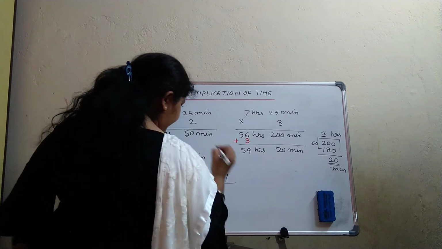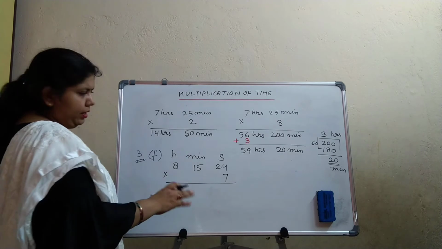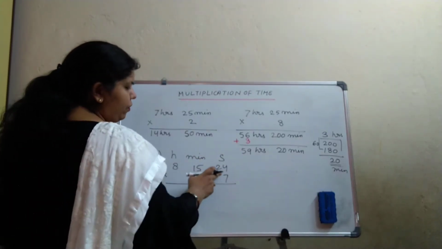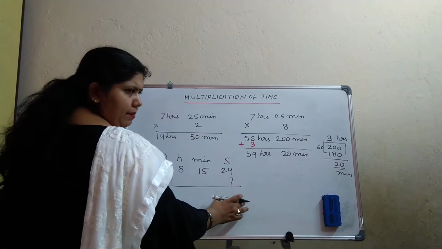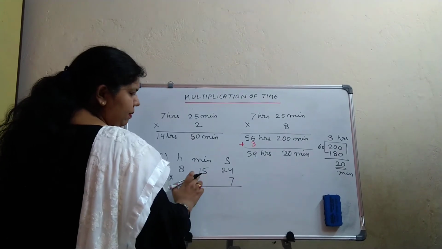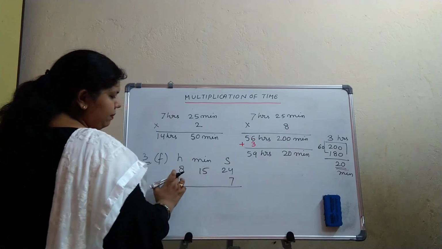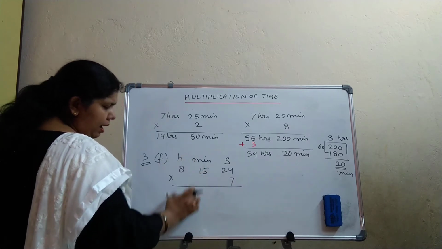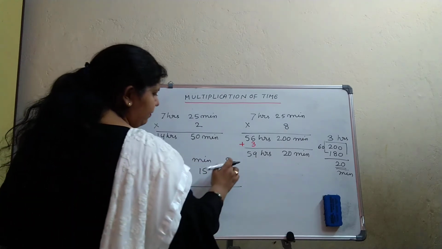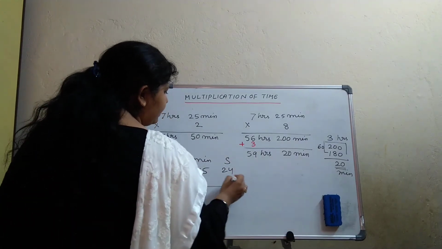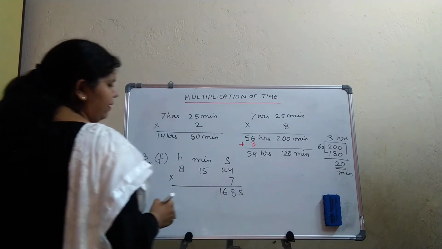Here we have 3 units together: hours, minutes and seconds. So first we will multiply 7 with 24 to get the seconds part answer. Then 7 will be multiplied with 15 to get the minutes part answer. And then 7 will be multiplied with 8 to get the hours part answer. So what is 24 into 7? 7 4s are 28, carry 2, 7 2s are 14 plus 2 is 16. So 168 seconds we have got.